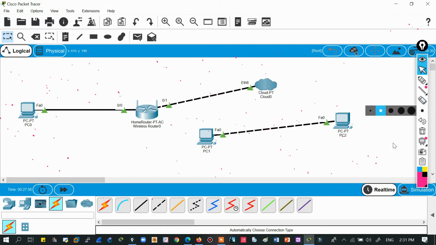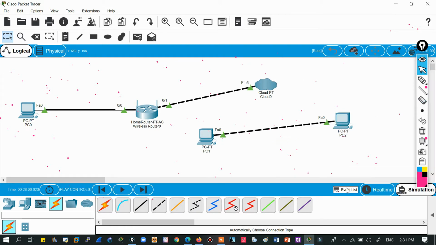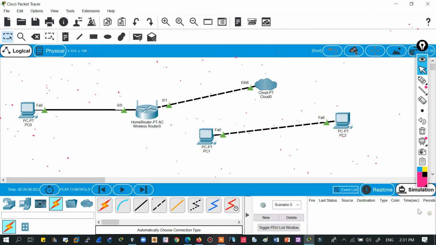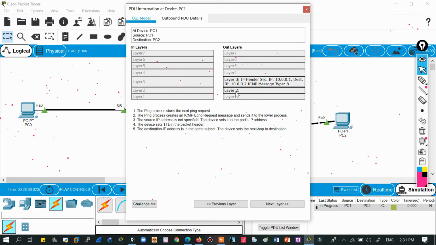When I do this simulation, if I need to send some data from this PC to this PC, see these packets, if you read them, you will have these packets and frames. If you remember the OSI model, we were dividing larger data into multiple smaller data units.